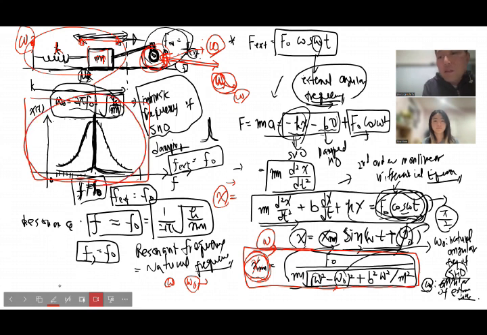The left-hand side plot is an actual plot of this solution. So what condition of the external force frequency makes this amplitude xm become the biggest, the largest?